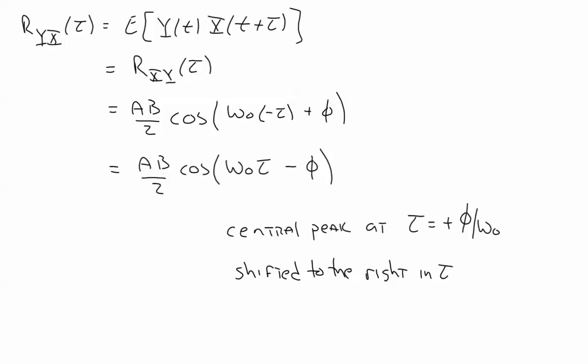Okay? Not an even function. Cosine generally is an even function, but when I embed a constant phase delay, little phi, in there, the result is not an even function. Okay. Simple enough. Let's do something slightly more complicated and maybe a little bit more interesting.